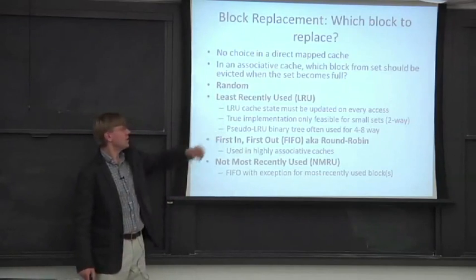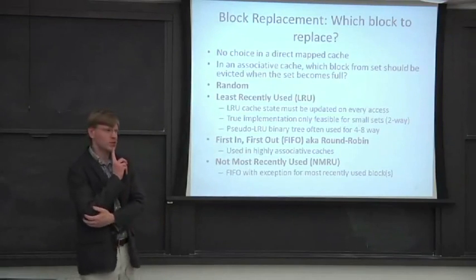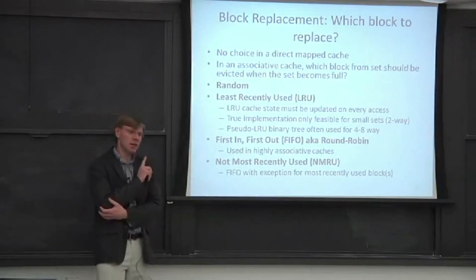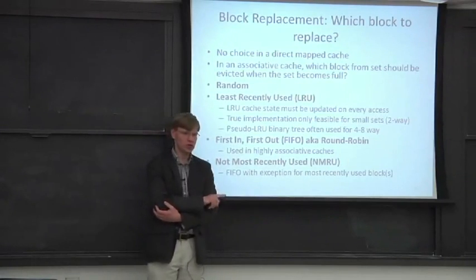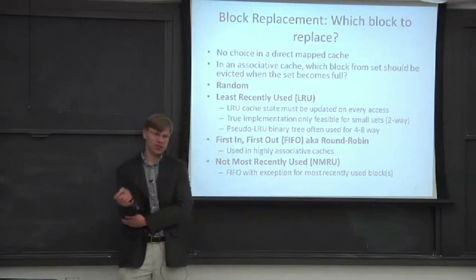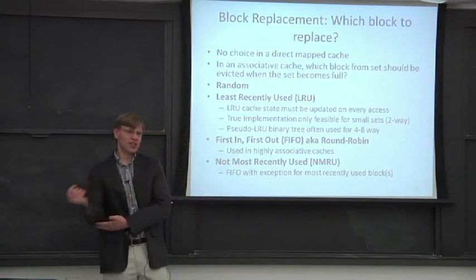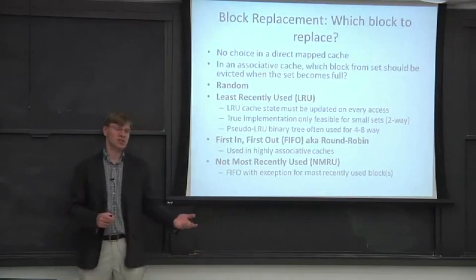We can think about least recently used. The idea behind this strategy is that you are trying to preserve temporal locality. So if you've used some data recently, there's a heuristic here that it's likely to be used again in a not too distant time.